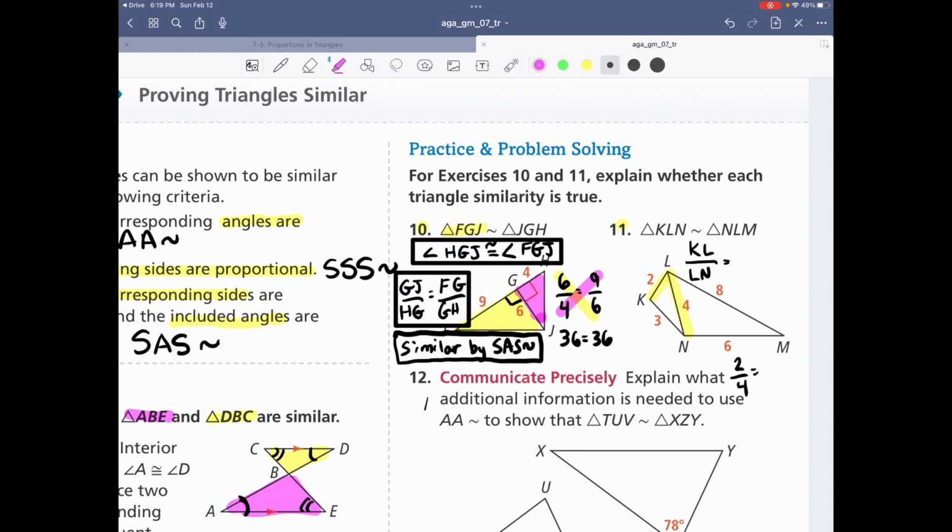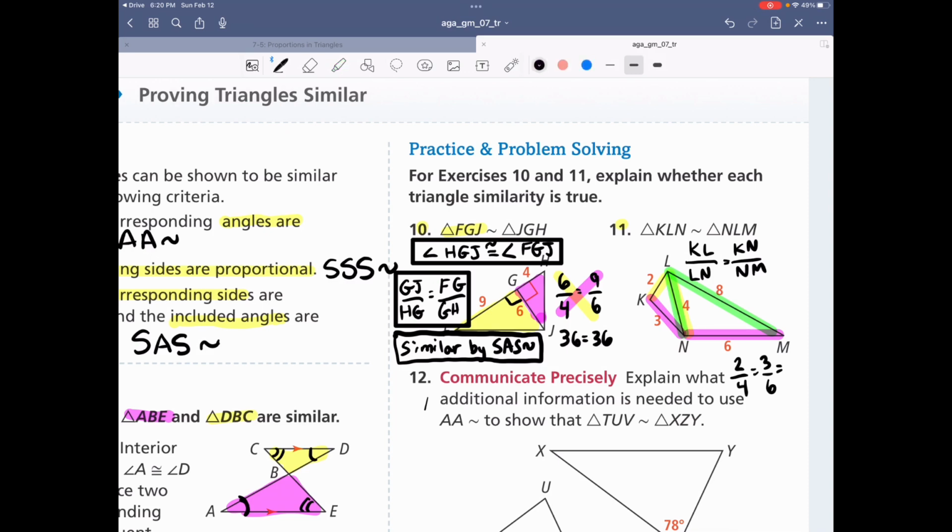The next smallest side would be 3 and 6, which are KN and NM, which are 3 and 6. So far that looks good because both of those reduce to 1/2. And then we need the largest side. So the largest side of the little triangle is 4, and the largest side of the big triangle is 8.